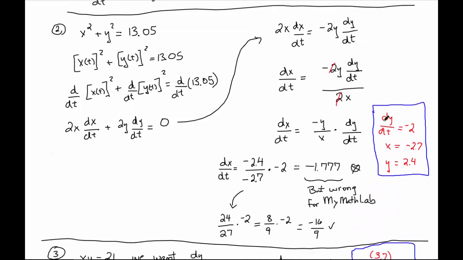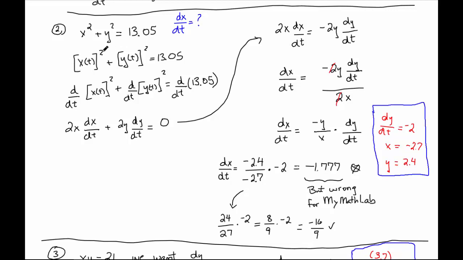Okay, so question 2. We have x squared plus y squared equals 13.05. Our goal, they would like us to figure out what is dx dt. So let's see.